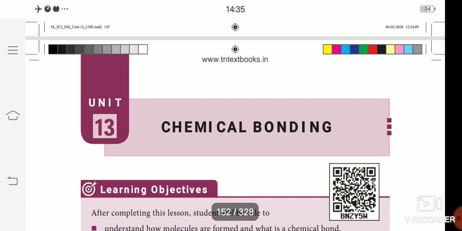Ionic compounds are solid and hard because of the strong force of attraction between the negative charges and positive charges. These compounds break into pieces when pressure is applied. So this is the physical nature of ionic compounds.